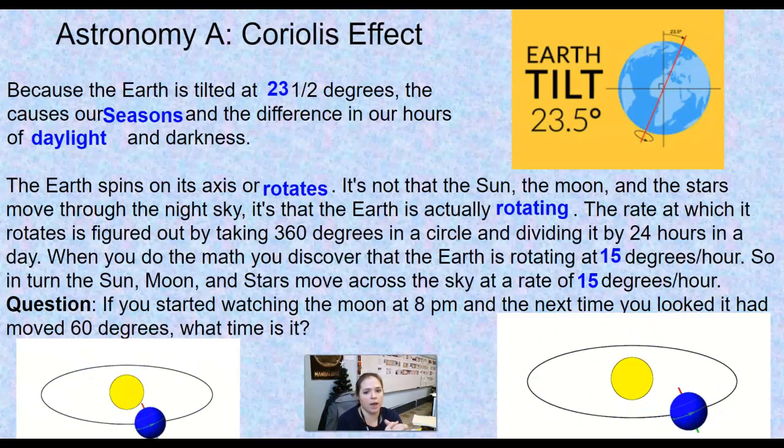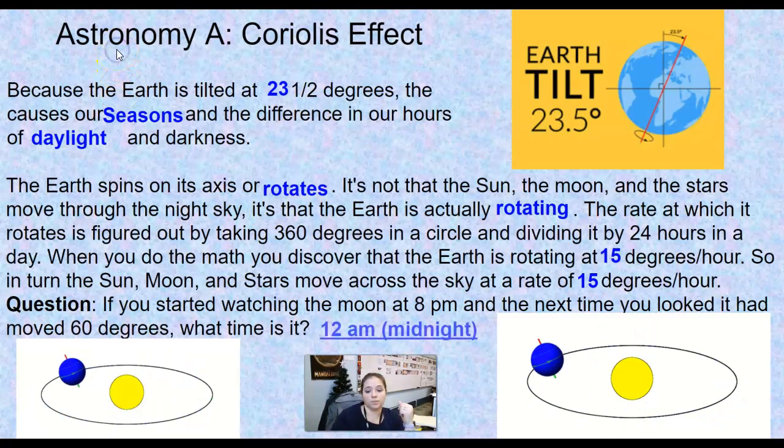If you say you don't have a watch, but you definitely know the degree it went, well, it's as simple as taking 60 divided by 15. 60 divided by 15 is 4. And you just add 4 hours to 8 o'clock. Well, 8 plus 4 is 12. Your answer should be midnight. Right?